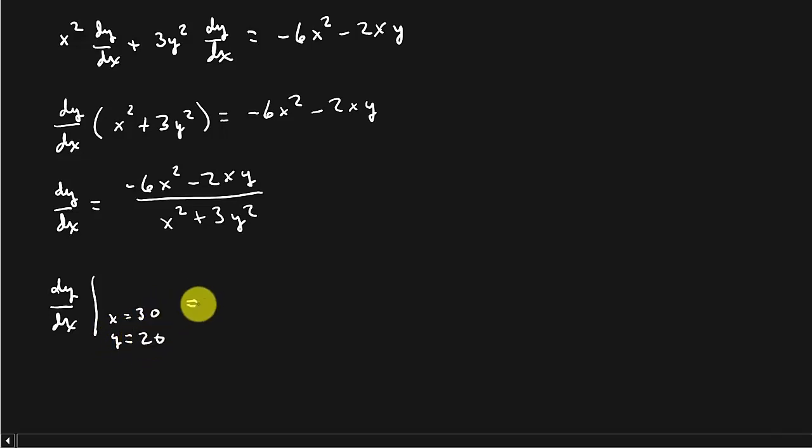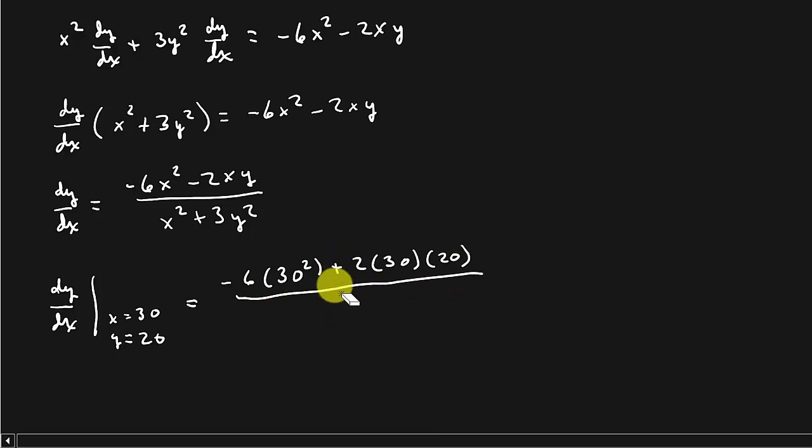This is going to give me negative 6 times 30 squared minus 2 times 30 times 20, not plus, minus, over 30 squared plus 3 times 20 squared. And this is going to give me negative 3.14 hours.